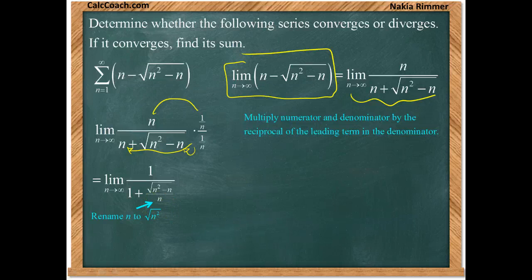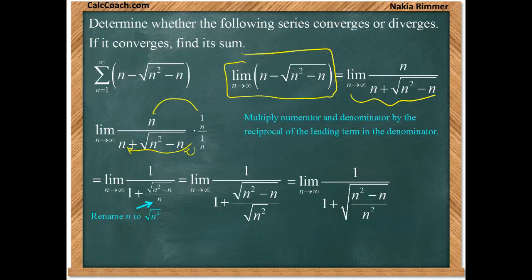So this limit will become 1 plus 1 over the root of n squared minus n divided by the root of n squared, with the goal in mind to put these underneath one root. So we have the root of n squared minus n divided by the root of n squared. Now we want to split them up. We're going to have n squared over n squared minus n over n squared. That's just going to be 1 minus 1 over n.